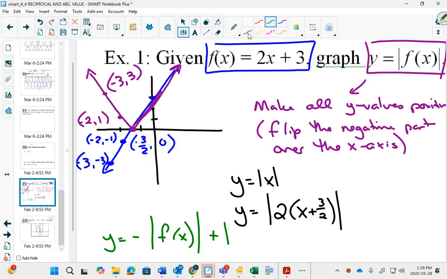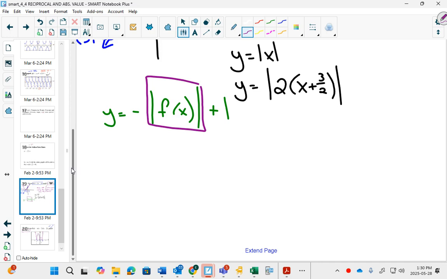This part right here is our purple graph. What do we need to do to the purple graph? If you put a negative in front, can you see that that would be a vertical reflection? That would flip this all upside down, which would make it all negative. Does it make sense that if you took something that was all positive and put a negative in front, it would get all negative? And then we'd have to shift it up 1 unit.